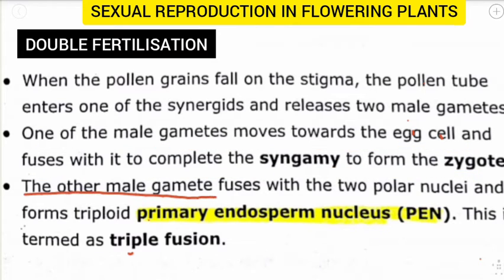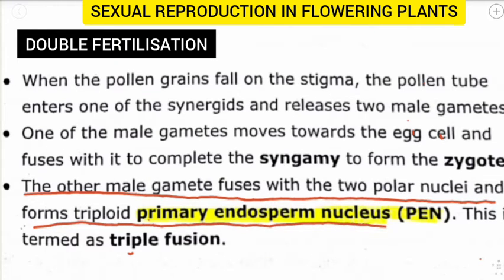The other male gamete fuses with the two polar nuclei and forms the triploid primary endosperm nucleus (PEN). This is termed as triple fusion. We have 8 nuclei, and among them there are two polar nuclei which are situated below the egg apparatus in the large central cell.